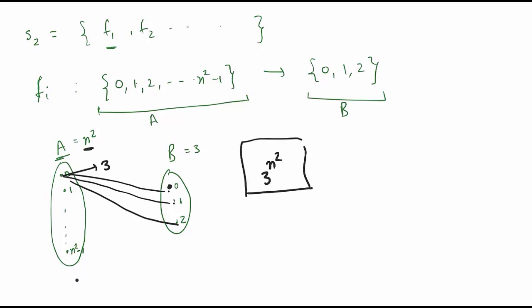In general, if A has n elements and B has m elements, then a total of m power n such functions are possible.